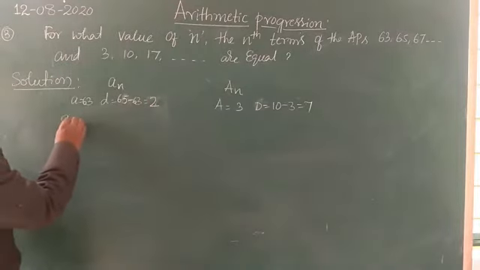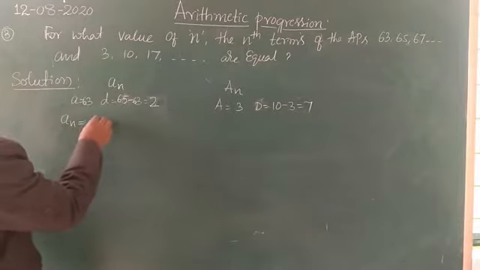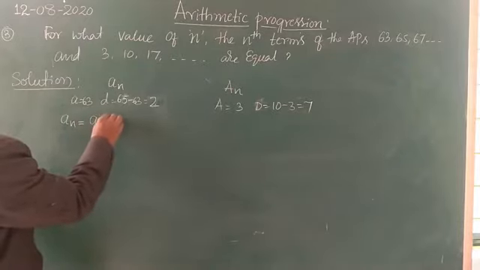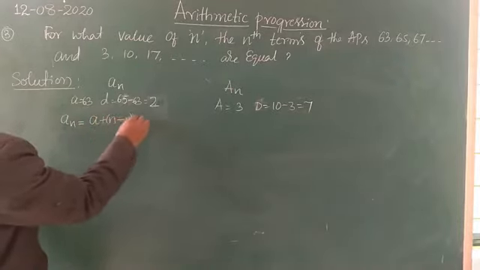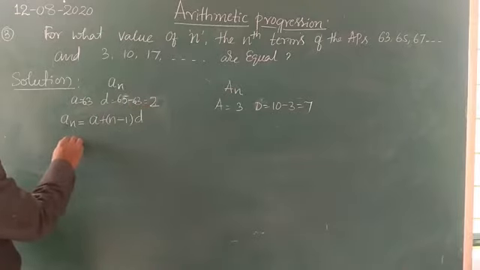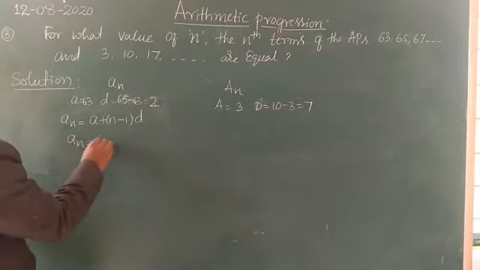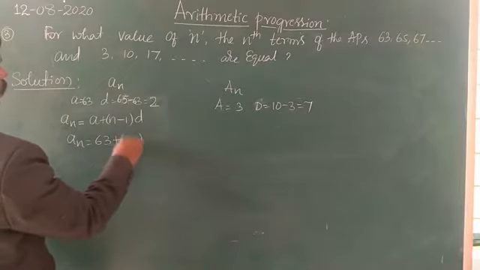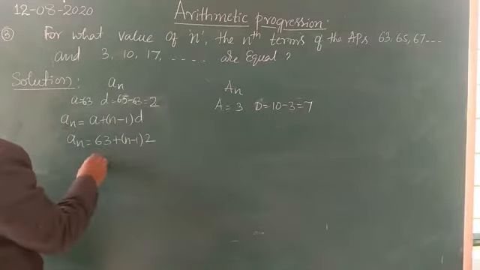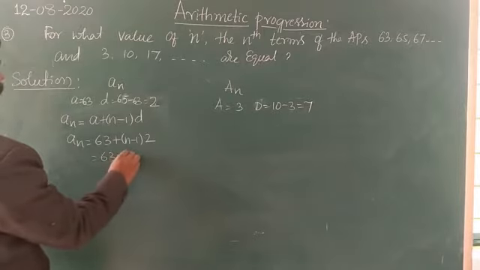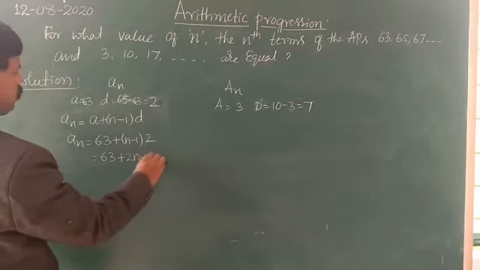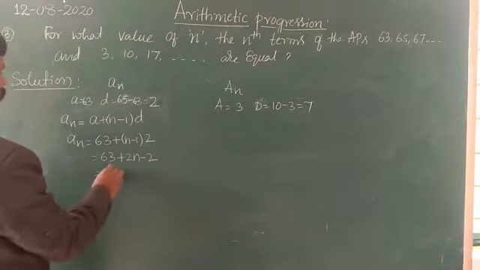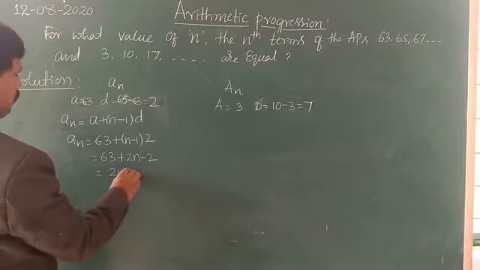Now an is equal to a plus n minus 1 into d. Then an is equal to 63 plus n minus 1 into 2. That is 63 plus 2n minus 2. Then this is 2n plus 61.